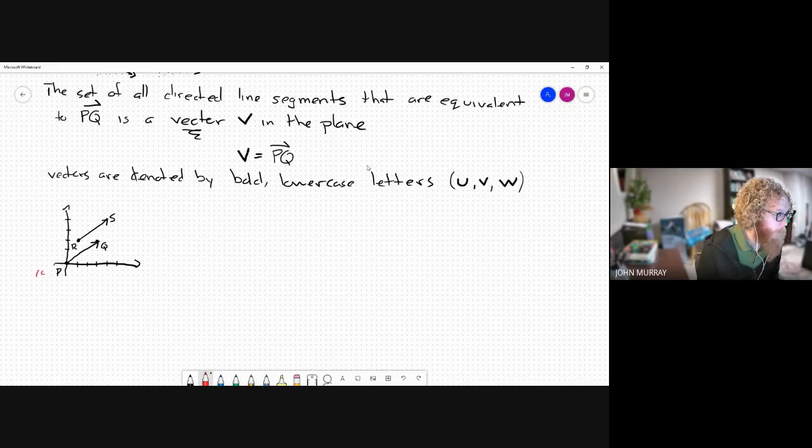All right, I'm just going to put the coordinates here.